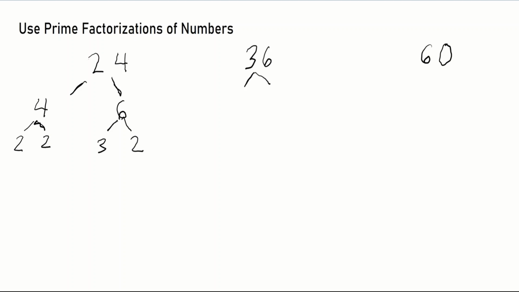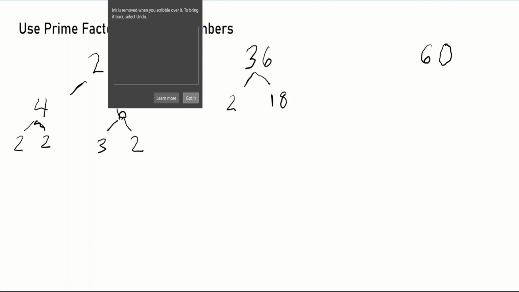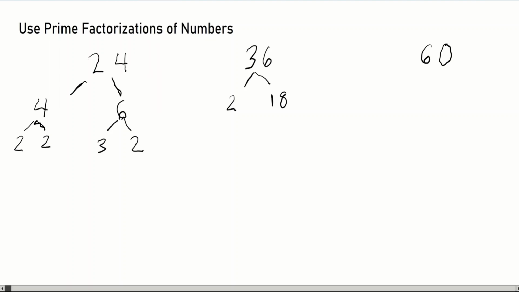We can do this with 36 instead. Now we'll start with a prime number, 2. 2 times 18 is 36. And we can use 2 again as a factor. So we have 2 times 9 is equal to 18. And then 9 can be written as the multiplication of 3 and 3 for our prime factors.